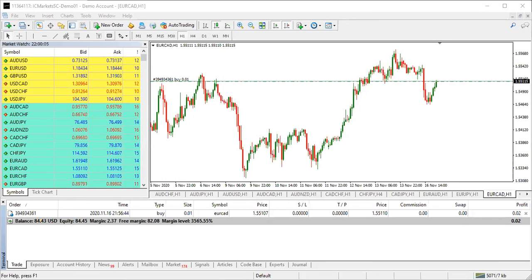How to use the MetaTrader 4 platform. To save our time tonight, we have a pre-recorded video with a lot of details on how you can use the trading platform.